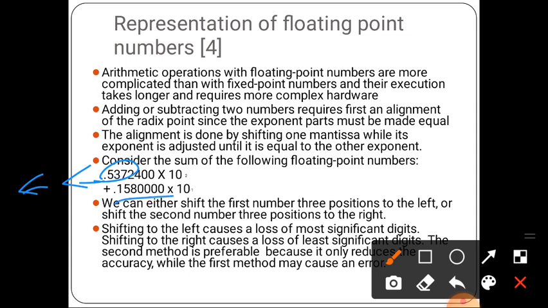If we shift to the right, it causes the loss of the least significant digits. So the second method is more preferable than the first one, because it only reduces the accuracy, while the first method may cause an error.